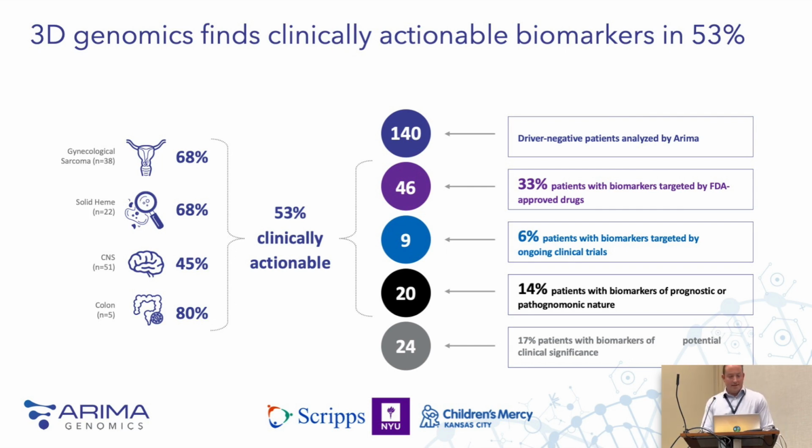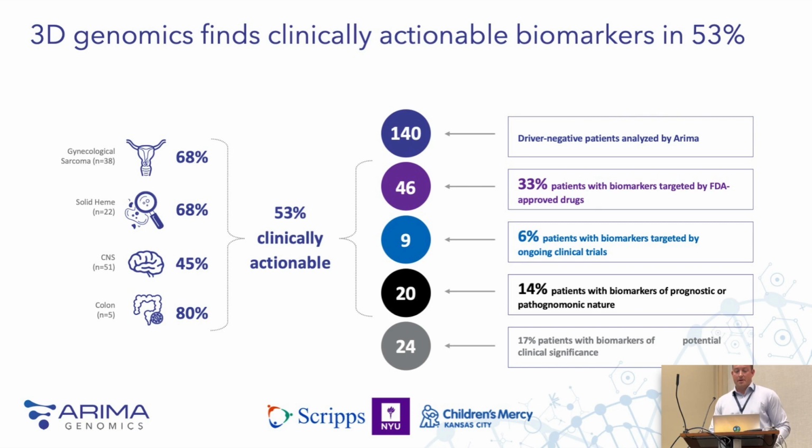Most of this data comes from 4 different sample types: gynecological sarcomas, solid hemes like plasmacytomas and lymphomas, and brain tumors. And we have this emerging cohort here that are colorectal tumors, and these are driver negative after pretty expansive profiling. These were all previously profiled by Caris and came back driver negative, and we're working our way through these.